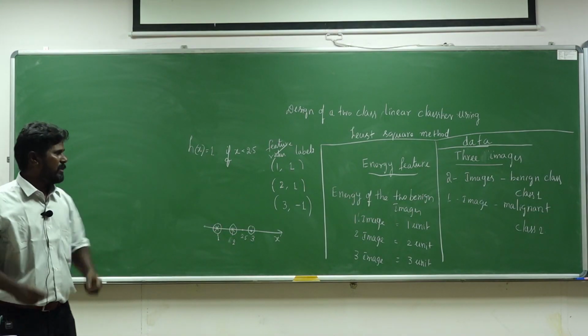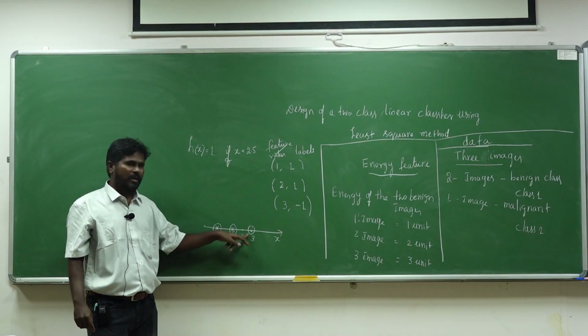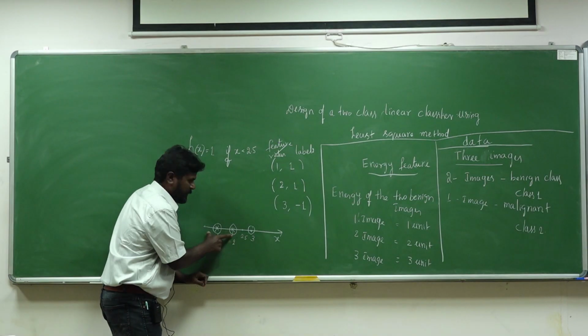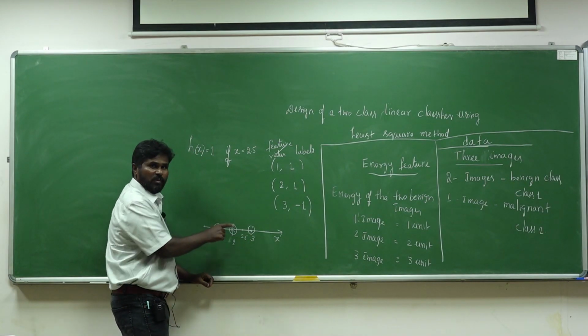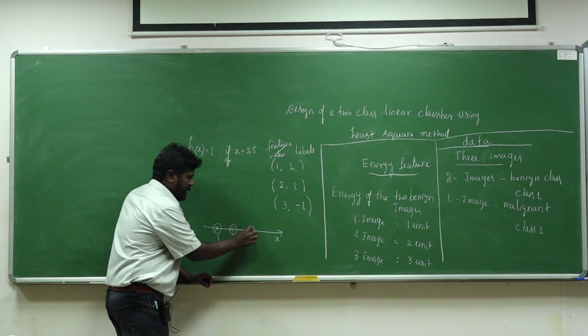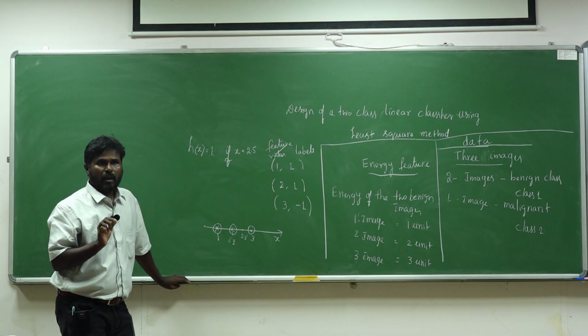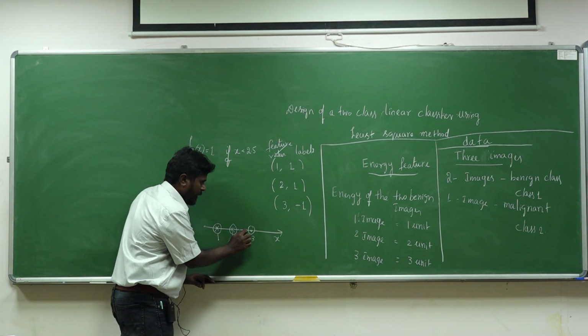See, by looking at the feature space, you can take this point to separate the 2 classes. These 2 feature values belong to class 1, and this one belongs to class 2. I can put a threshold here, or here.